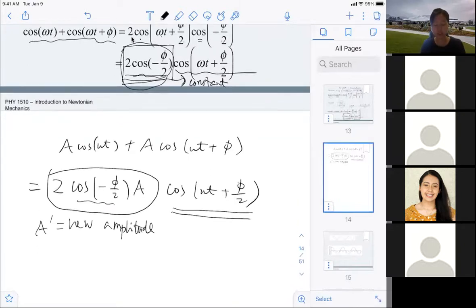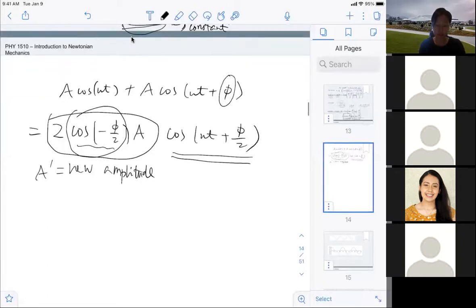Now, depending on what phi is, usually the initial phase we give is some angle between 0 and 90 degrees, so this is certainly a positive value. Then your A prime is still positive. So I simply adjust my A bigger or lower depending on where my A was.